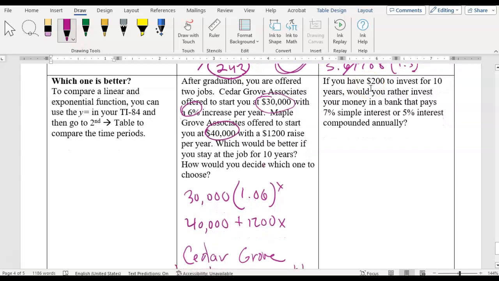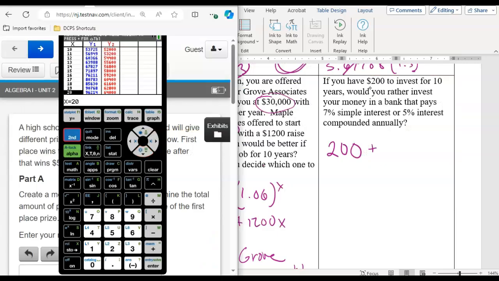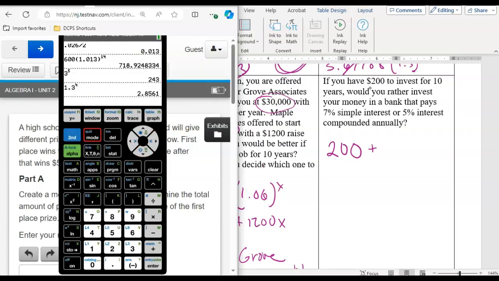All right, if you have $200 to invest for 10 years, would you rather invest your money in a bank that pays 7% simple interest? So that's 200 plus 7% of 20, which is 20 times 0.07, which gives us 1.4.